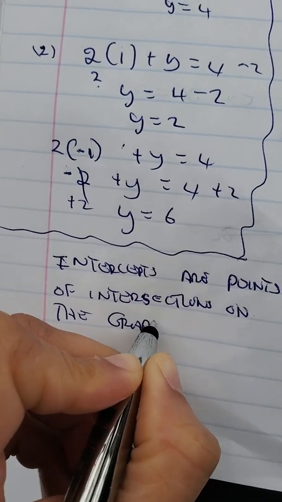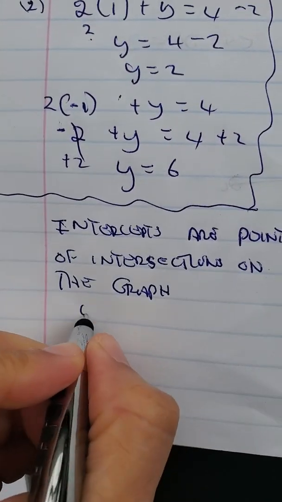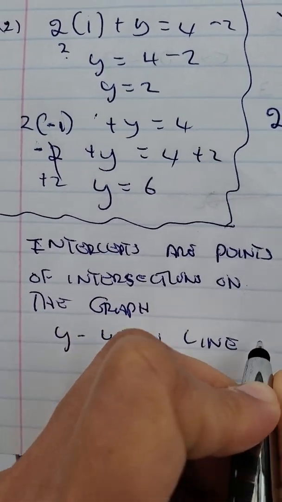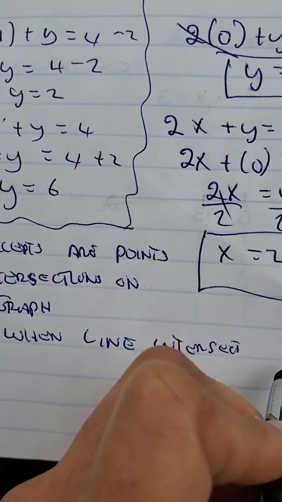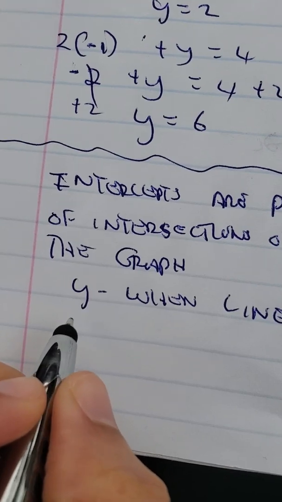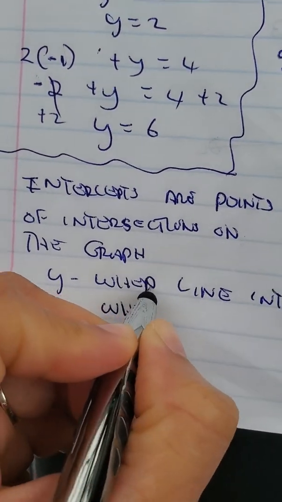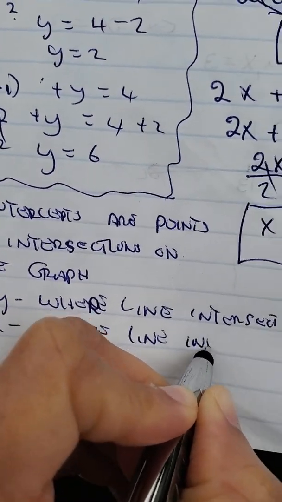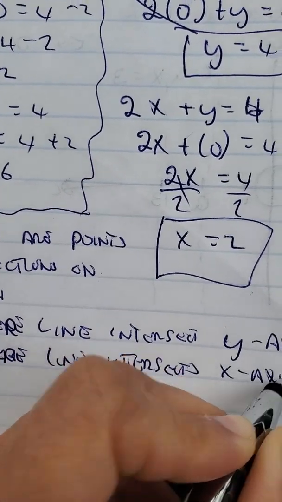So the y-intercept is where the line intersects the y-axis, and the x-intercept is where the line intersects the x-axis. So here we go.